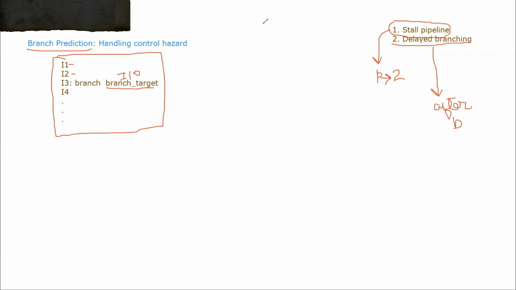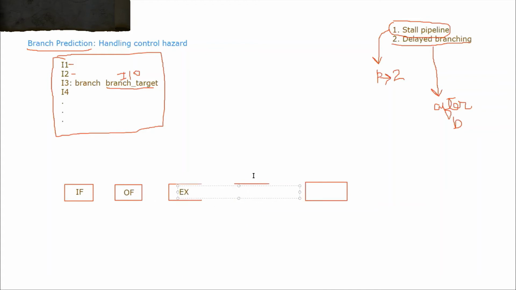Now let's see what we are doing. So let me make a pipeline. These are the 5 stages of the pipeline. The first is instruction fetch, then operand fetch, then execute.